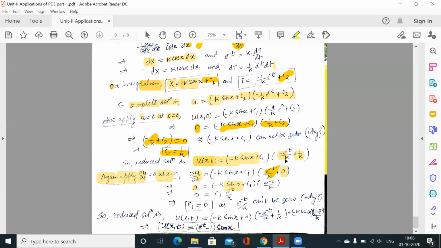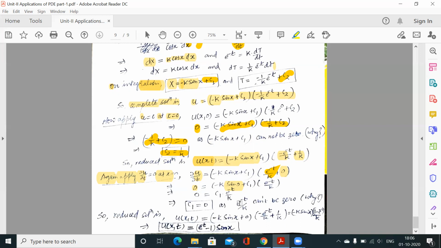If e to the power minus t over k is 0, then this term is 0. So t is only equal to c2. That means t is a constant, not a variable. So which is again a wrong choice.